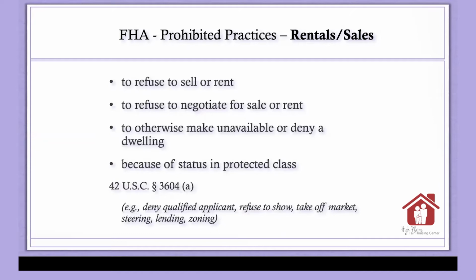So that includes such obvious examples as denying housing to a qualified applicant or buyer, refusing to show a dwelling that's for sale or rent, taking the housing off the market to make it unavailable to this person who's interested, this applicant, steering practices where the housing is rented or sold, but the buyer or the potential tenant is steered away from available housing choices and steered towards other choices because of their status in a protected class.